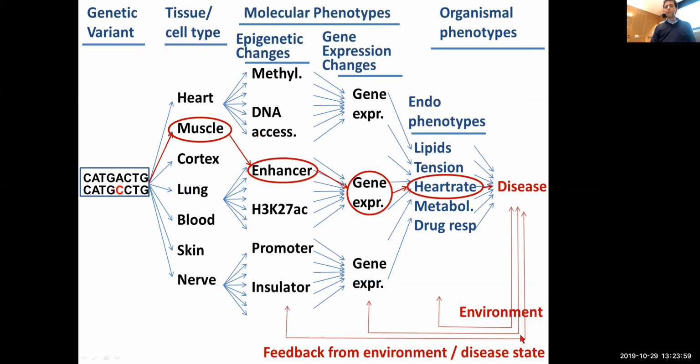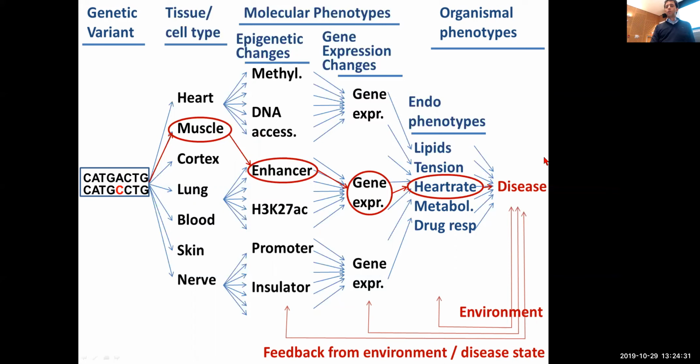However, the environment might actually be affecting several things at this intermediate level. So for example, the environment might be affecting my heart rate, and in response to increased heart rate, my gene expression might alter. Okay, my body might be fighting this intermediate phenotype, which is purely environmentally driven, and therefore these arrows might actually be reverse causality rather than causality.